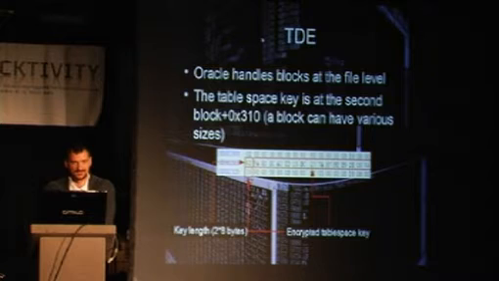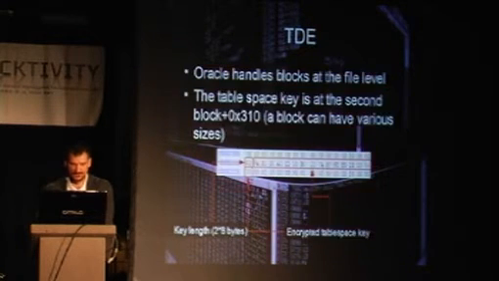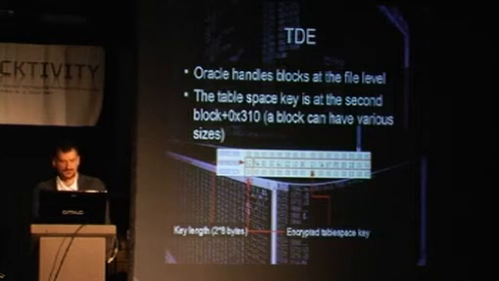Okay. Oracle handles files at block level. The tablespace key is in the second block of the tablespace file, at offset 0x100 or so. And this is the byte that tells you the key length.